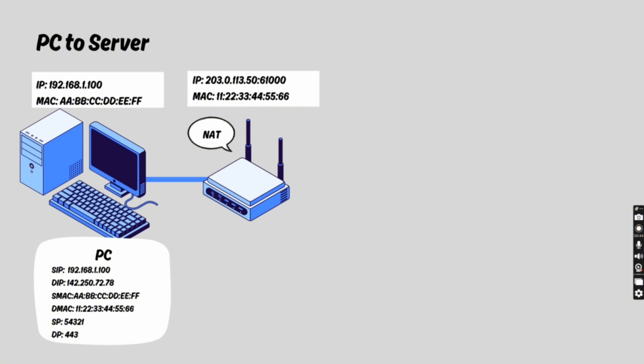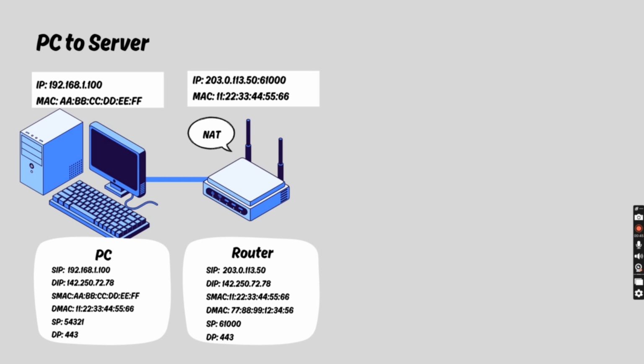So router 1 replaces the PC's private IP, 192.168.1.100, with its public IP, which is 203.0.113.50. Additionally, it modifies the source port from 54321 to 6100 to keep track of the session.